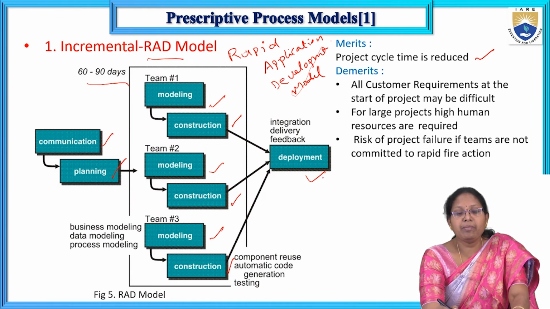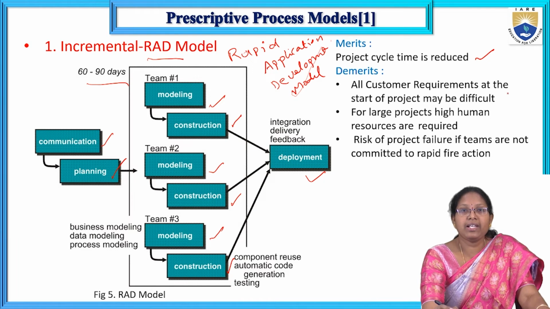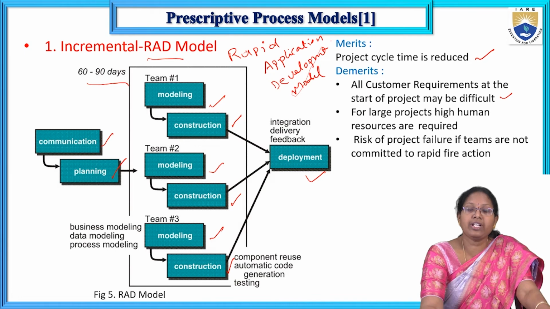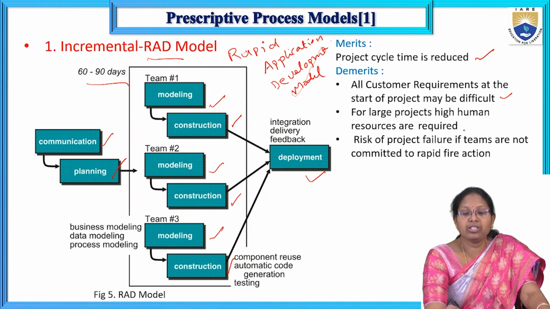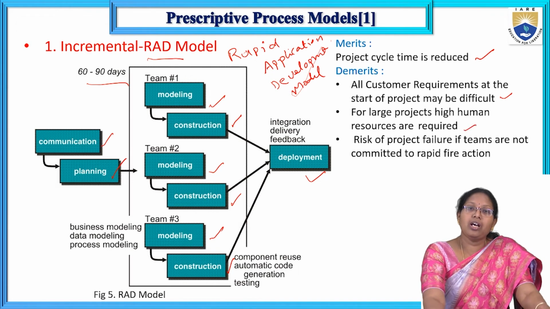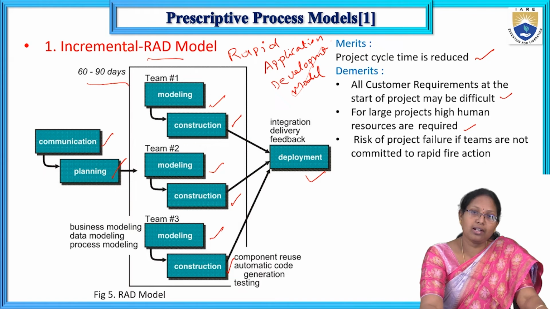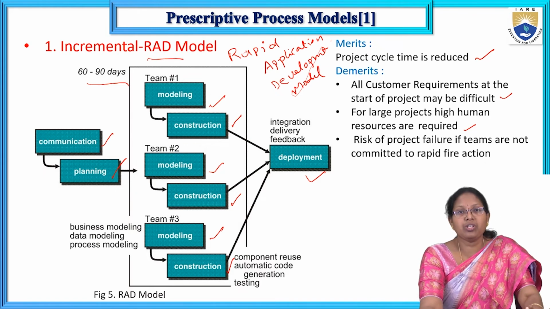What are the demerits of the RAD model? Getting all customer requirements at the start of the project may be difficult. For large projects, high human resources are required, because so many teams are working in parallel.